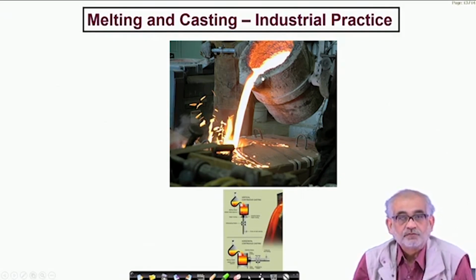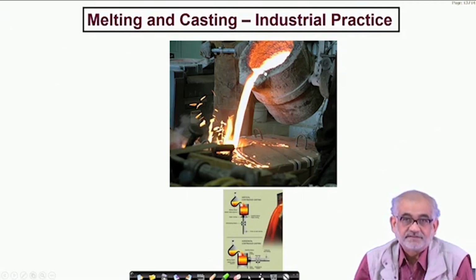So we prefer to usually form solids from the liquid state because of the major advantage of having the possibility of dissolving all the species into a single solution only in the liquid state.